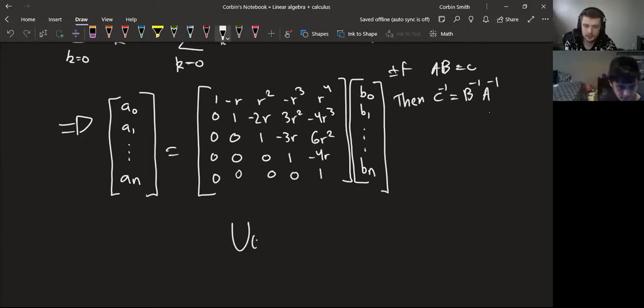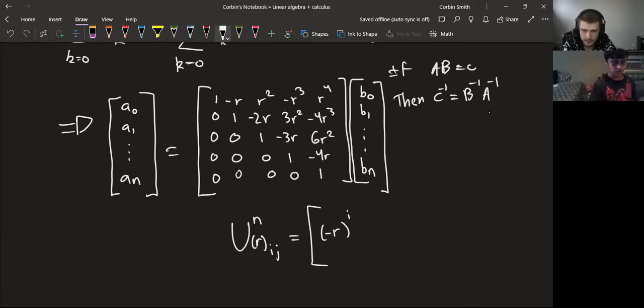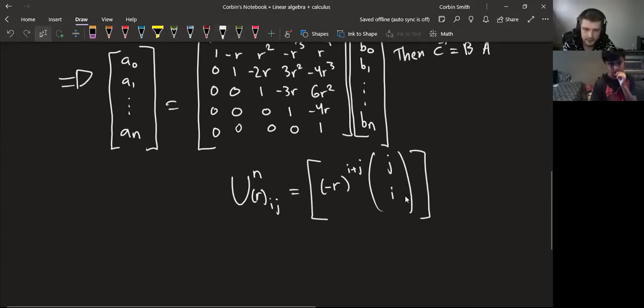So let's call this U of R to the n, and we saw that the ijth component was equal to minus r to the I plus jth power times j choose I. And this was the inverse, so I'm going to put a minus 1 there. We don't need an n there.